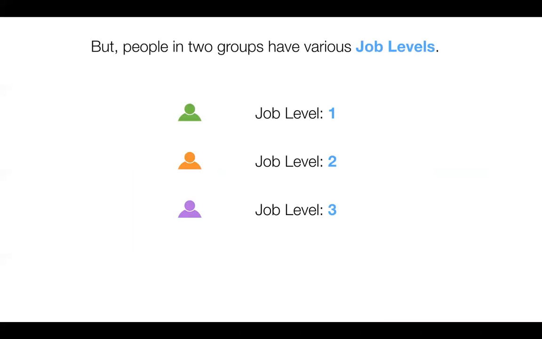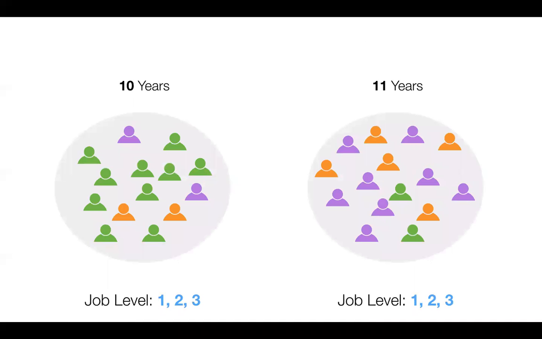Well, here's a problem, right? That's because in the two groups, each group has employees with various job levels. We didn't control that part. So we have the two groups, the 11 years group and the 10 years group, and within them, various job levels.